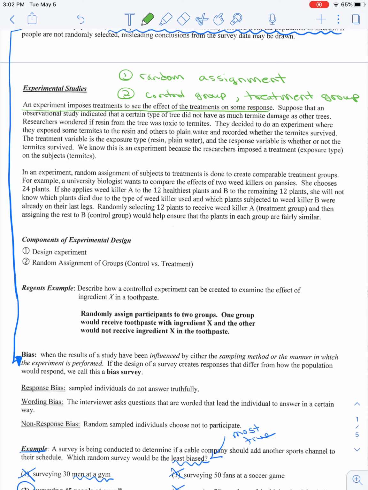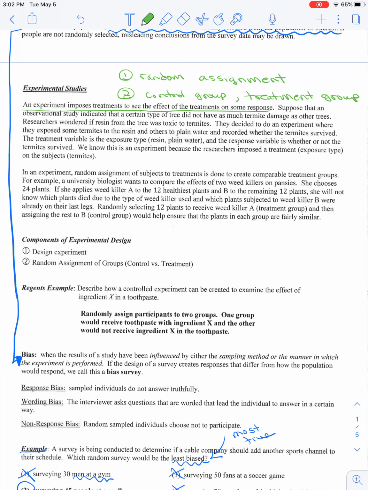Okay, so let's say I have my two groups. I have the pansies in group A that got weed killer A, and then I have the pansies in group B that didn't have anything applied to them. At the end of my study, I noticed that the pansies in group A are dead and the pansies in group B are alive. I can make a cause and effect statement.